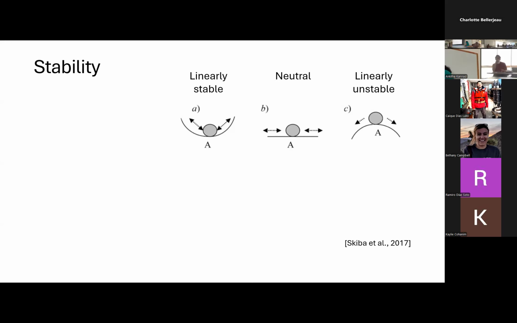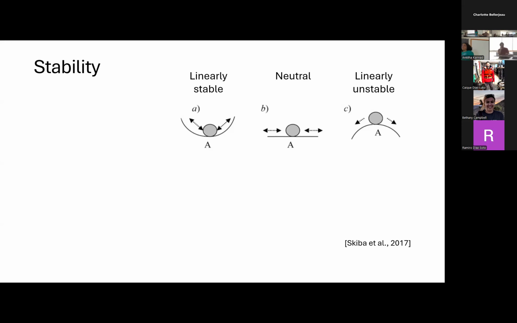Now, if we were to displace this ball a little bit, shifted a little in one direction, it's just going to go back to equilibrium. It's what you'd expect. Gravity brings it back to equilibrium. And this is known as a linearly stable system.